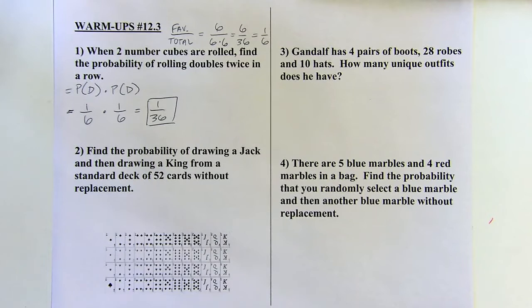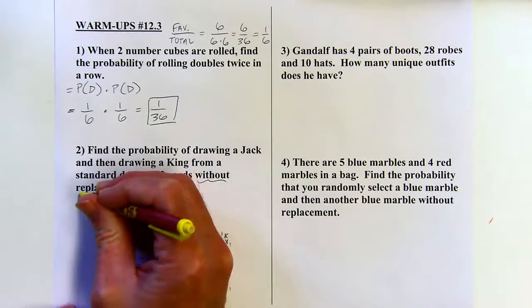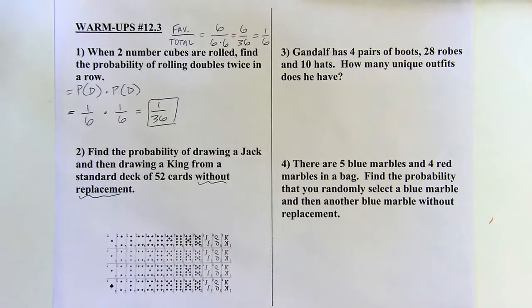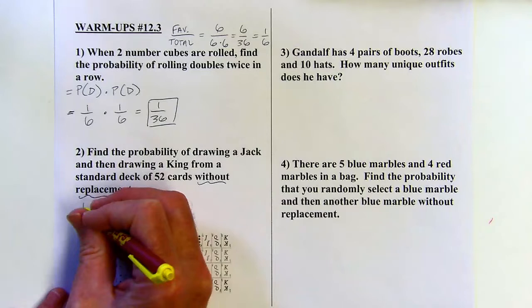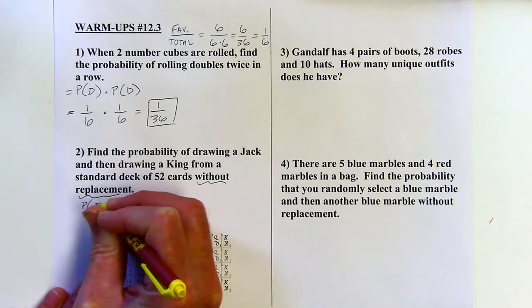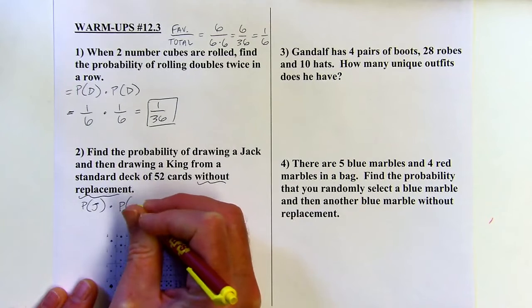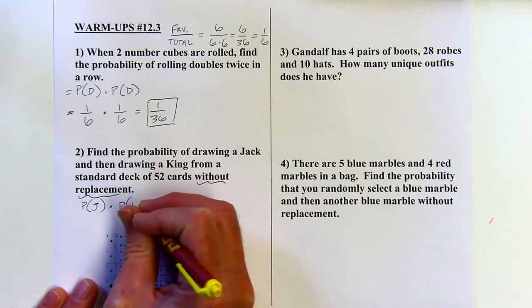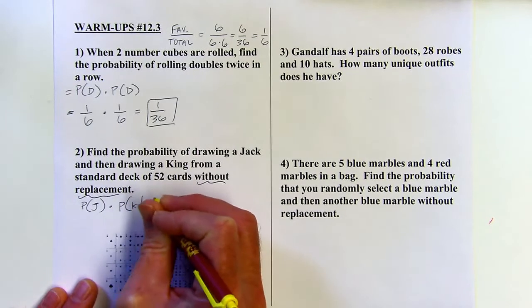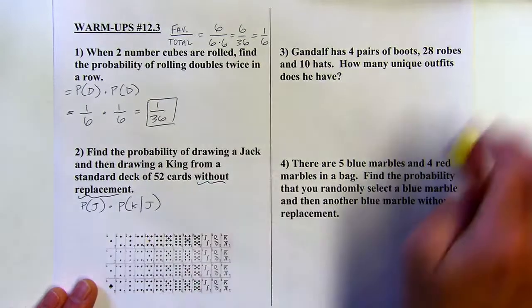Find the probability of drawing a jack and then drawing a king from a standard deck of 52 cards without replacement. So we've got one event happening followed by a second event. We're going to find the probability of drawing a jack, and then we're going to find the probability of drawing a king, assuming that a jack has already been removed from the deck and not been replaced.